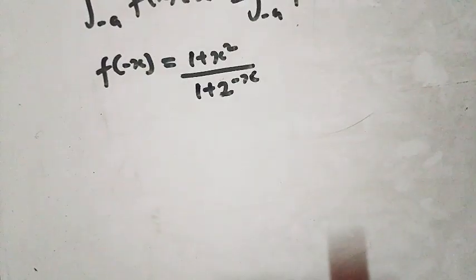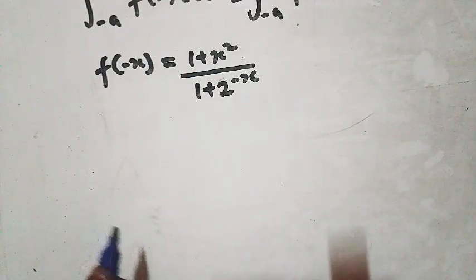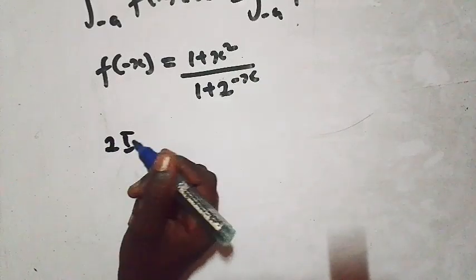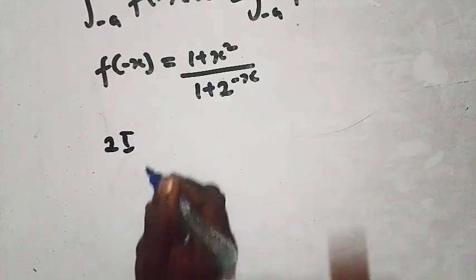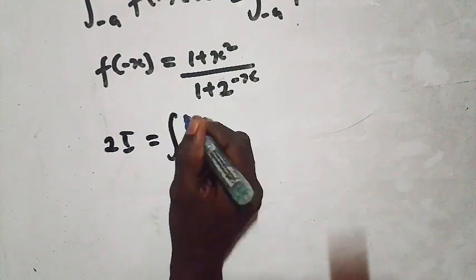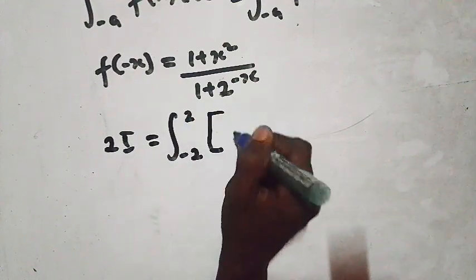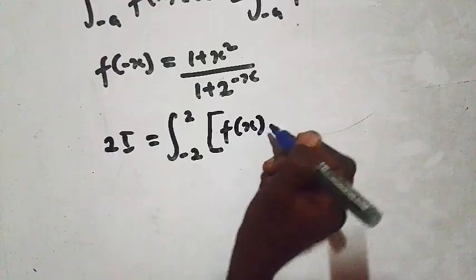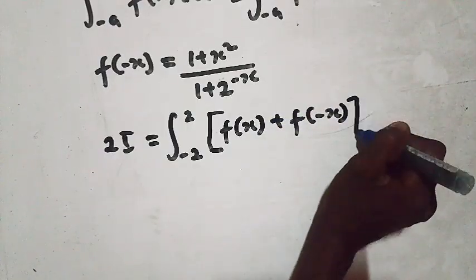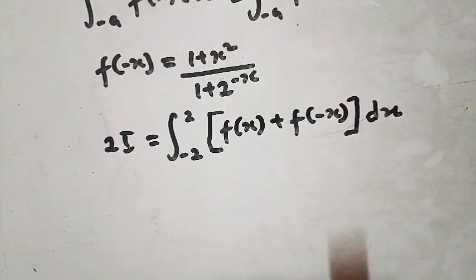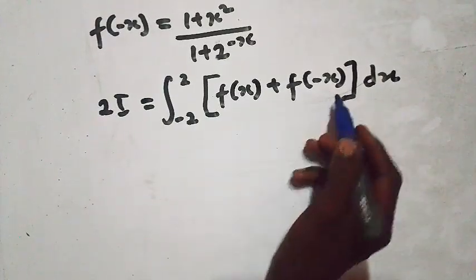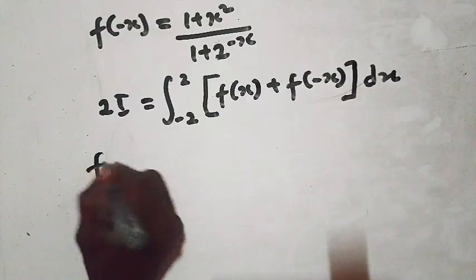By adding f of x and f of minus x together, the result will be I plus I, that is 2I, equals the integral from -2 to 2 of f of x plus f of minus x dx. Now, what will be the result of f of x plus f of minus x?